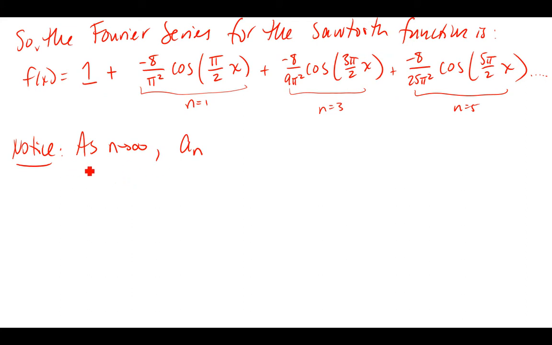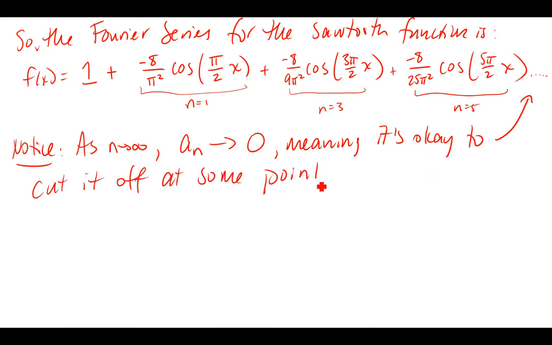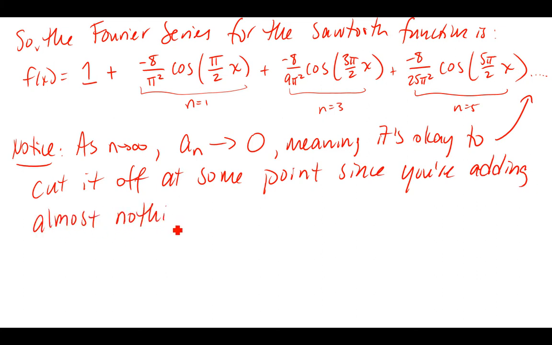So in particular, notice, as n goes to infinity, these coefficients are actually heading towards 0. Meaning, it's okay to cut it off at some point, since you're essentially adding 0, or let's say you're adding almost nothing, as n increases.